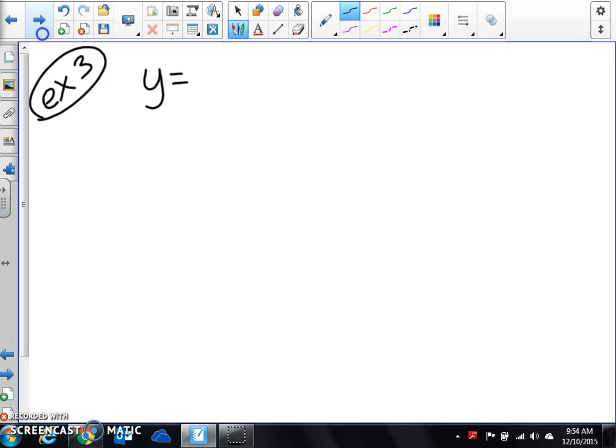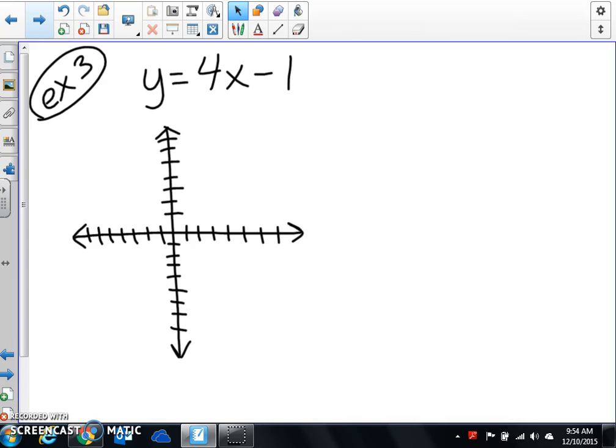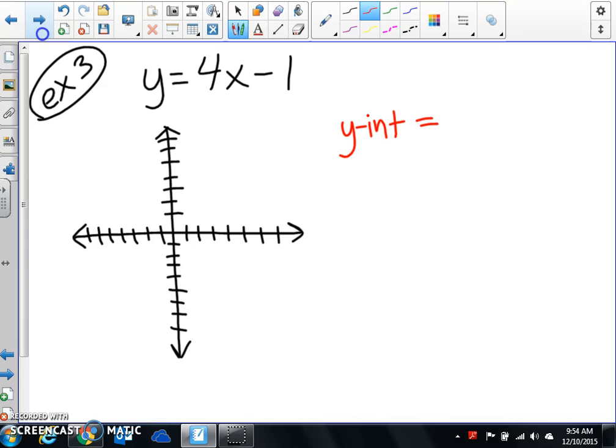This gets a little sneaky if you have something like this: y equals 4x minus 1. Go ahead and draw your coordinate plane. My first thing I always pluck out is the y-intercept, which is -1.